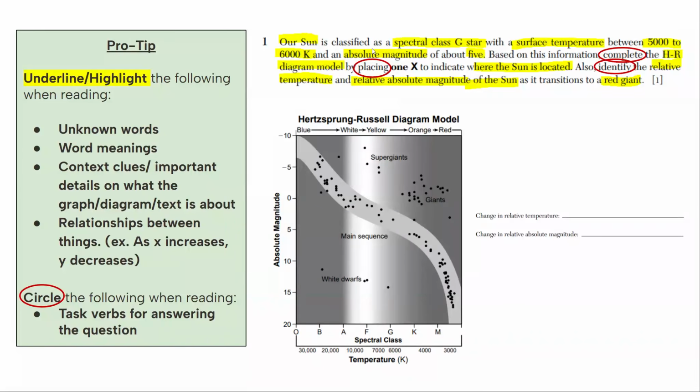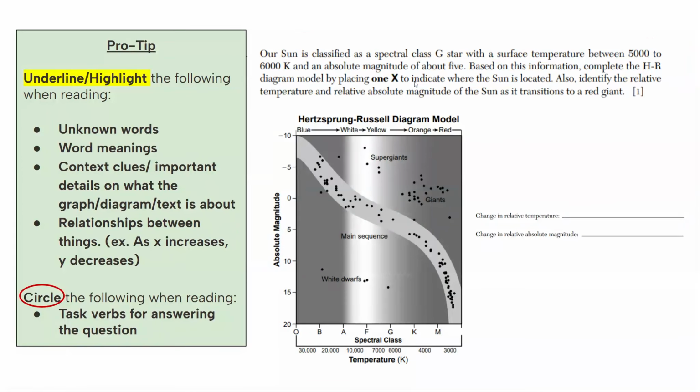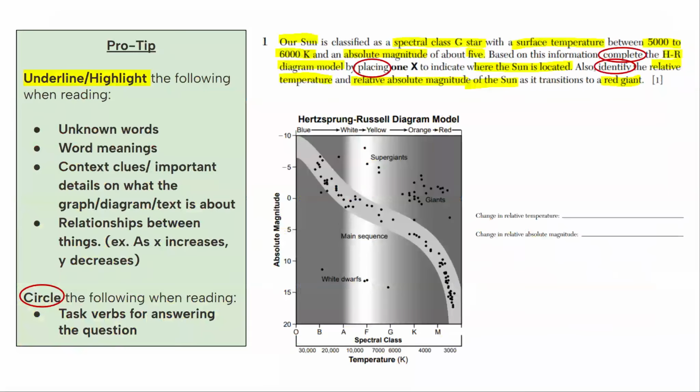So our sun is classified as a spectral class G star, unknown word for me, or maybe for you, with a surface temperature between 5,000 to 6,000 K. So it tells me that these numbers are just the temperature of the sun, and it must be a specific class G, and an absolute magnitude. Remember that means brightness of about 5. So that's why going back to previous text is important.